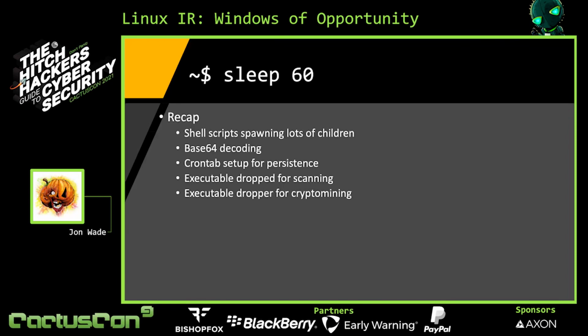That's definitely a challenge, particularly for Linux. There was a ton of base64 decoding, but that was actually a pretty good indicator that our attacker had a payload they were pulling down somewhere, and it wasn't just one executable that ran and that was it. There was a lot of pulling down additional payloads or modules. Like I said, the cron tab was set up for persistence.